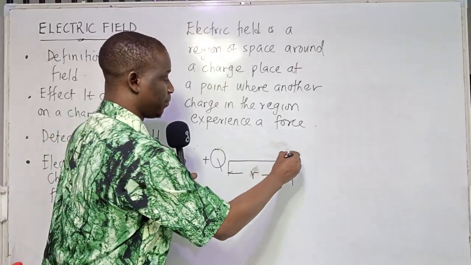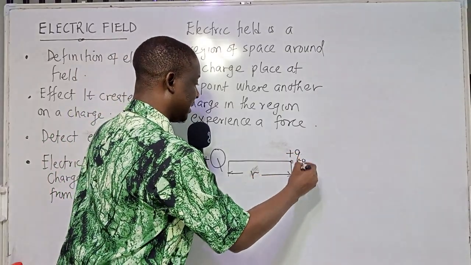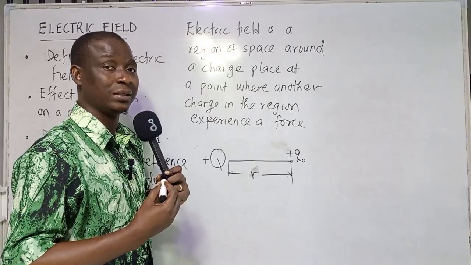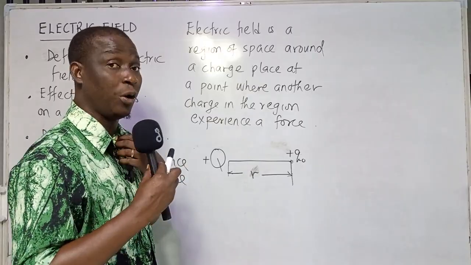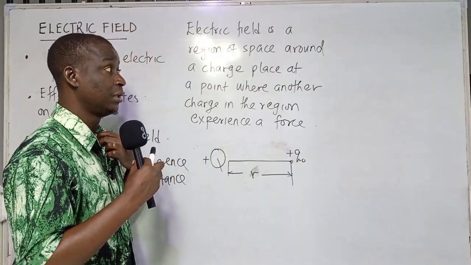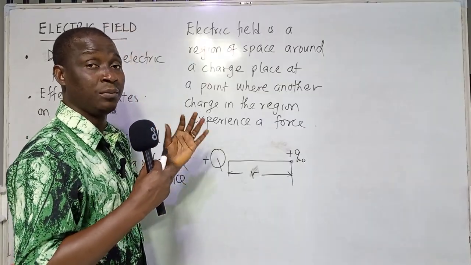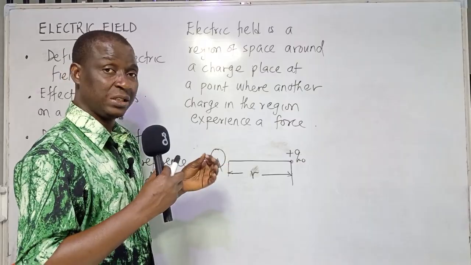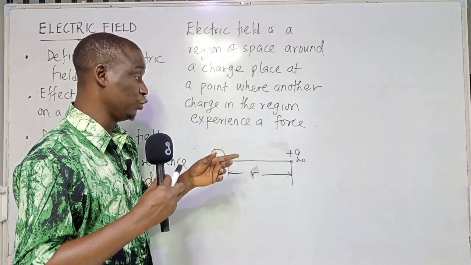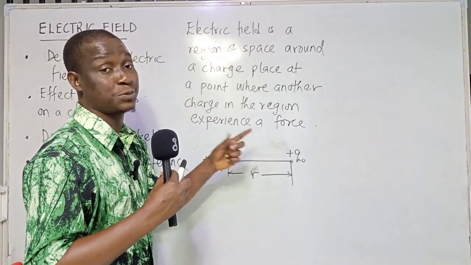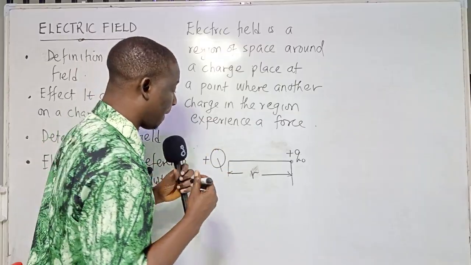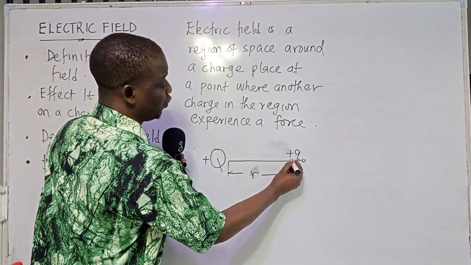Place a positive test charge with a known polarity. It must have a known polarity, please don't forget, because you must know the polarity. Most of the time, the small test charge that we use is +1, so that you can calculate the electric field at this point.